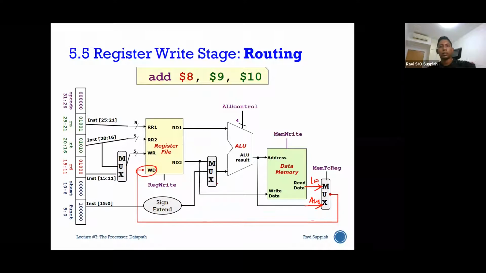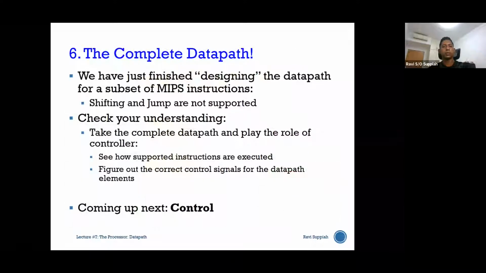The write register was already known to us the moment we decoded the instruction, and using this multiplexer, you are able to select the correct write register to specify to the register file. So you can see that right now the entire data part is complete.